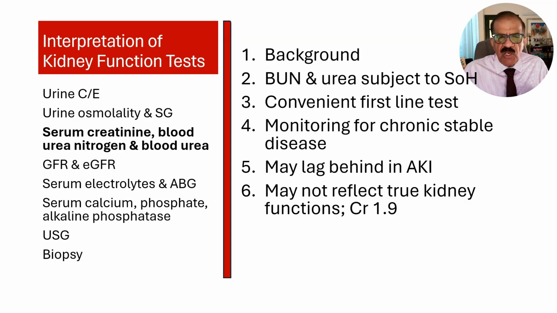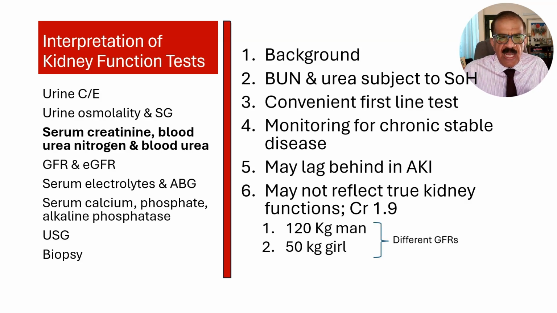Somebody having a creatinine of 1.9, and if that person is a 120 kg man or a 20 kg girl, this could actually indicate very different GFRs, glomerular filtration rates. We are actually more interested in glomerular filtration rate because traditionally GFR measurement has been very tedious and cumbersome, so we have been avoiding it. But these days there is a better and easier way to calculate it, and so we are referring more and more to eGFR.